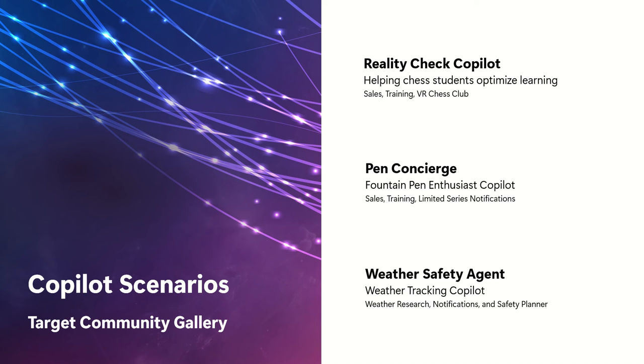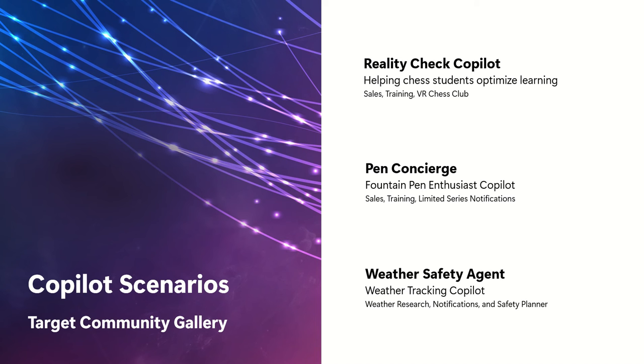Again, kind of B2C. And then finally, an interesting one that I just kind of decided to work on with a friend who is a meteorologist, right? We've been talking about this weather safety agent. So imagine you live somewhere where there might be weather notifications that you need to keep track of for safety reasons.